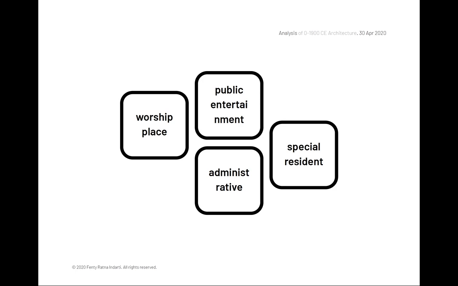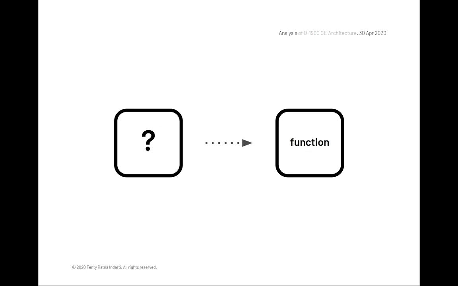Nowadays a monotypology or monofunctional typology does not exist anymore, but back then you find that kind of typology. For example, worship places like church, mosque, temple, then public entertainment, administrative, and special residences like castles, and so on. These are some of the typologies that you can find based on task 1, task 2, and task 3.